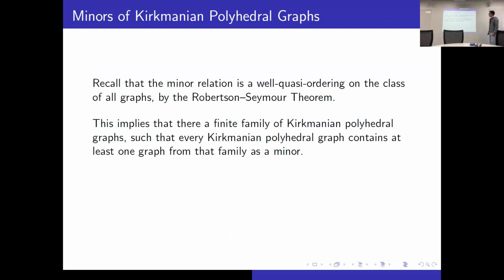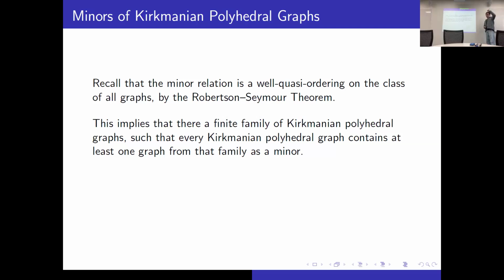Okay, so I'm very interested in the minors of Kirkmanian polyhedral graphs. So what we now consider is the graph class consisting of Kirkmanian polyhedral graphs. And we order these graphs by minor relation.